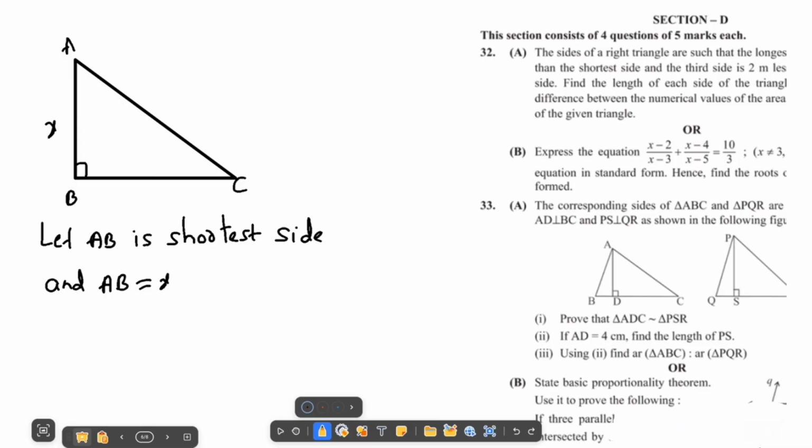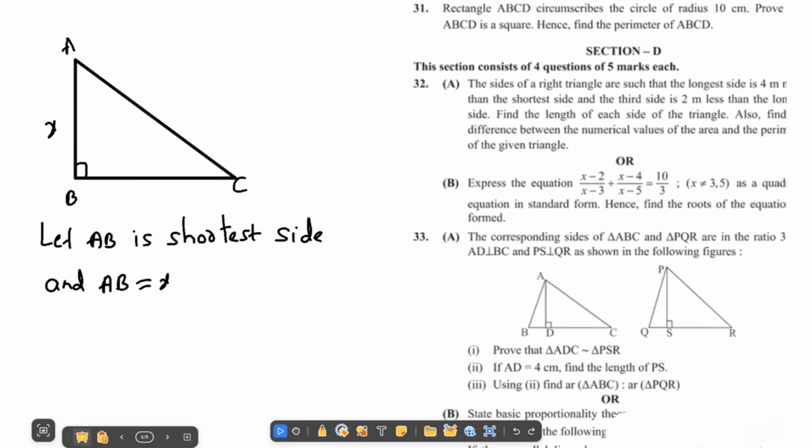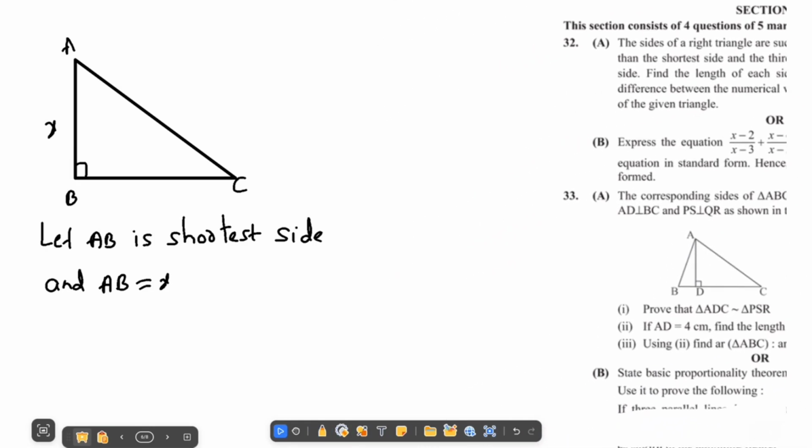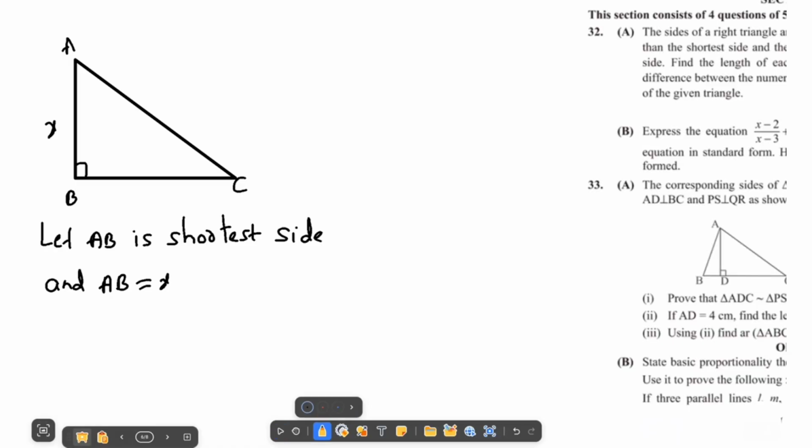What is given: the longest side is 4 meters more than the shortest side. So the longest side AC is equal to 4 meters more than the shortest side, which means it will be x plus 4.